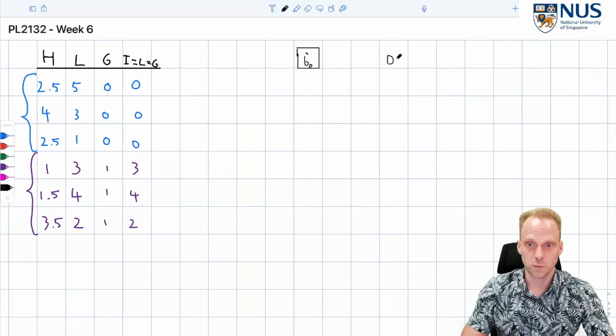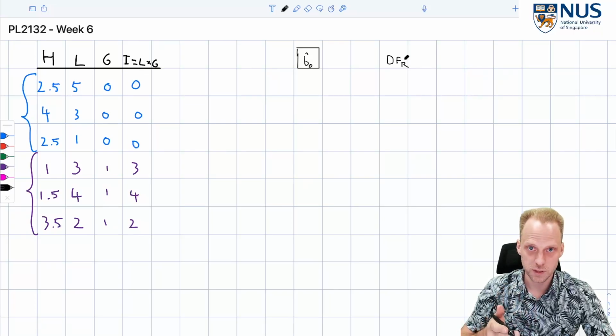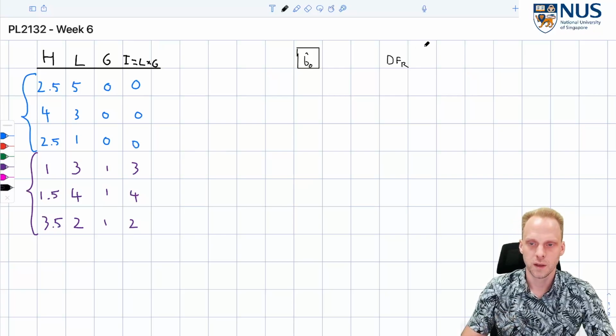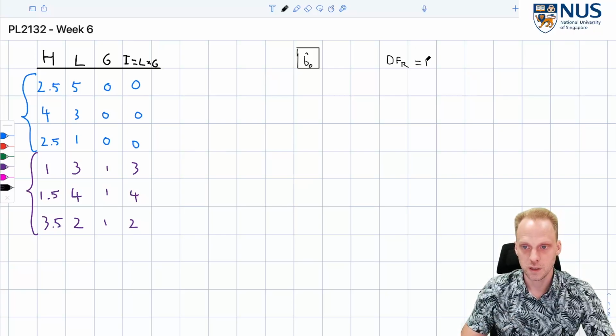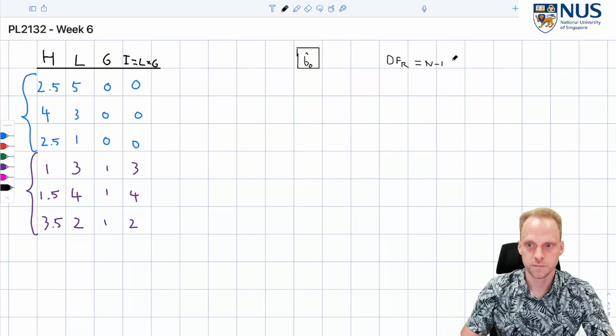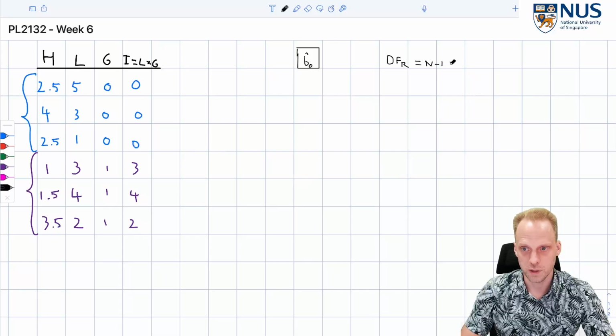Now, this model has a certain residual degrees of freedom, which basically means the number of free elements in the error terms that we use to estimate the variance around this model. In that case, that would be n minus 1, because we have one parameter, b0, and that would be 5 in this case.